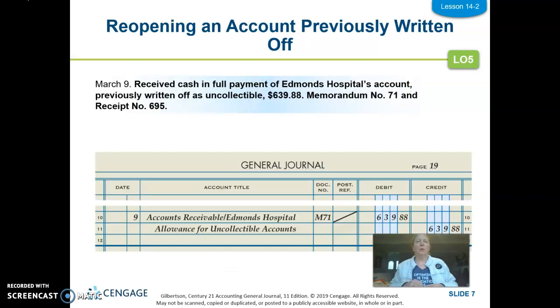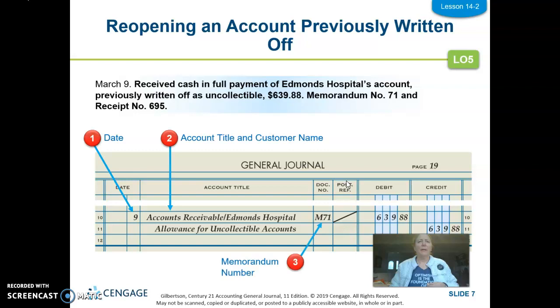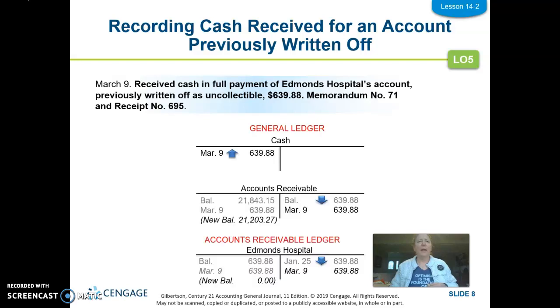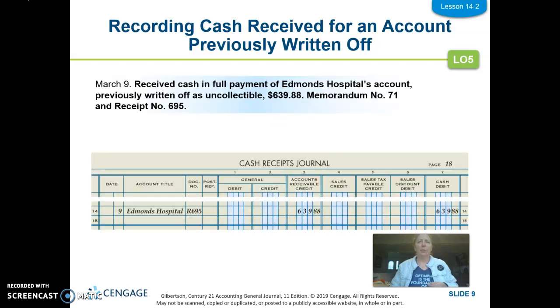And I like to see it more in journal form. So we receive cash and payment. What we're going to do with a general journal entry is debit the receivable from Edmunds for that amount and credit the allowance. And then we're going to turn around and record the cash that we received like normal.